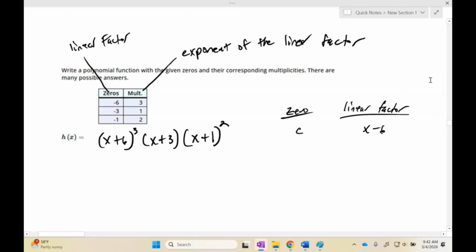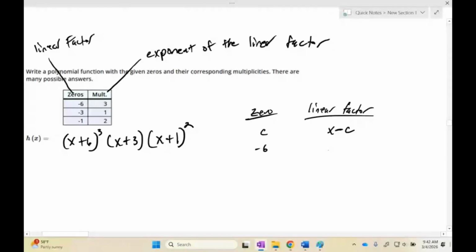So if our 0 is -6, I'm simply going to substitute -6 in this linear factor formulation.